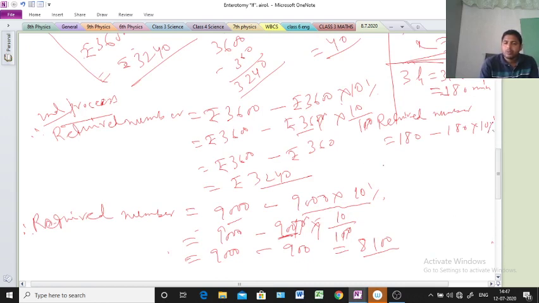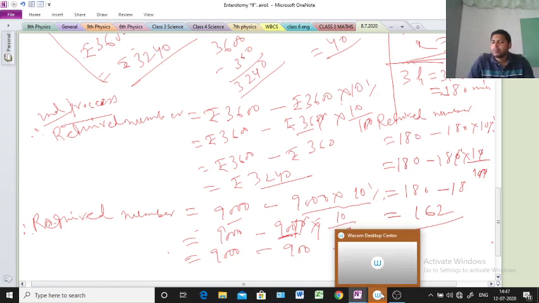Now do the simplification. 10% means 10 by 100. So the zeros will be cancelled, two zeros will be cancelled. That means we are getting 18 into 1, 18. So 180 minus 18, do the subtraction everyone. So what do we get? 162. Clear? So this way we will do it.